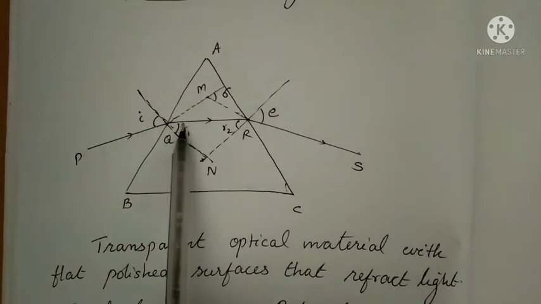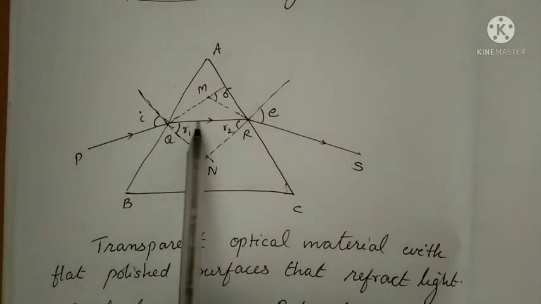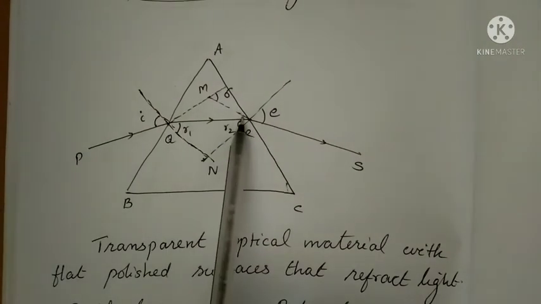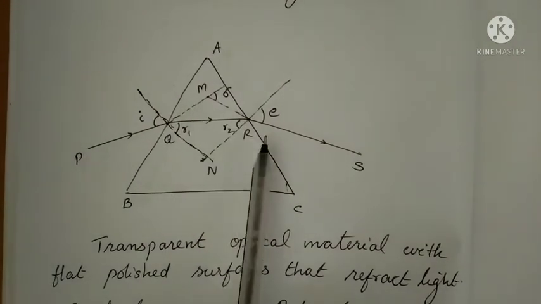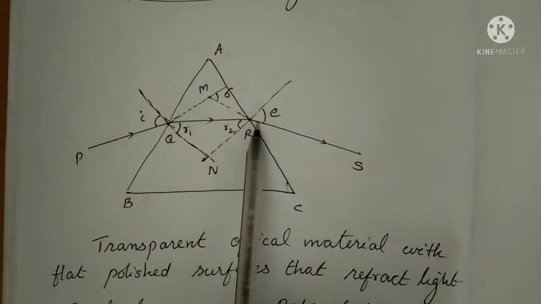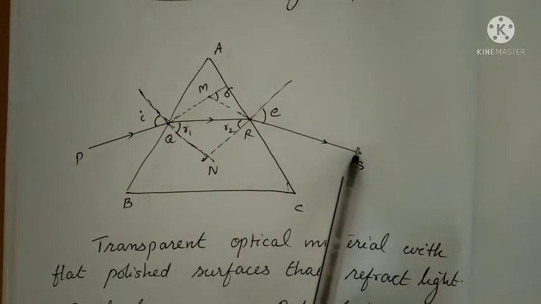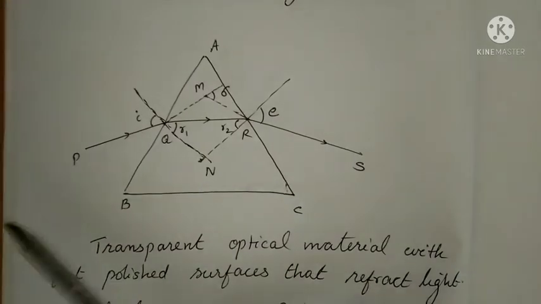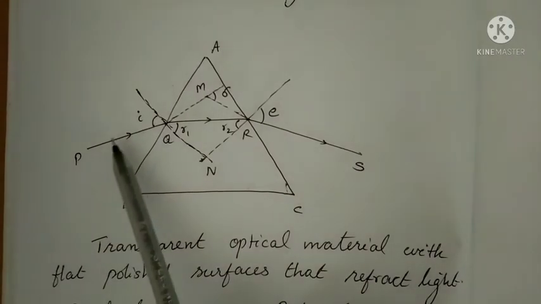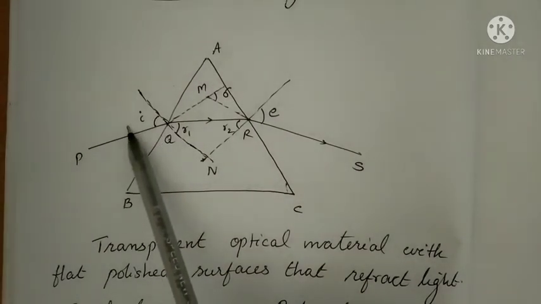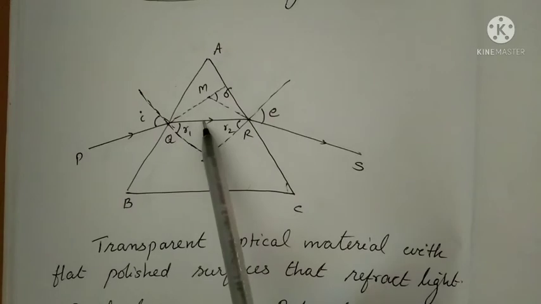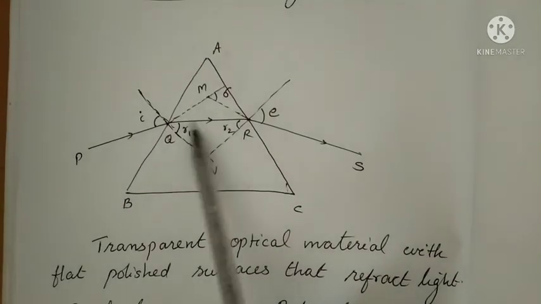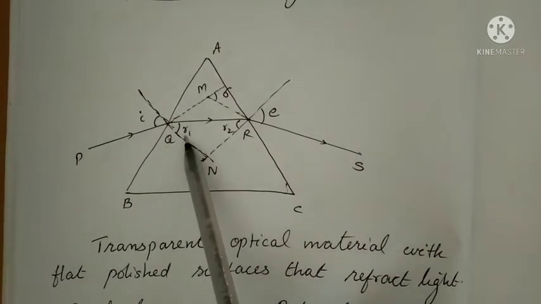Then the refracted ray means the ray which is refracted inside the prism. That is noted as QR. And the emergent ray means the ray which has emerged out of the prism. It is noted as RS. So when the ray of light enters from the air medium to the glass medium, that is from rarer medium to denser medium, it bends towards the normal.